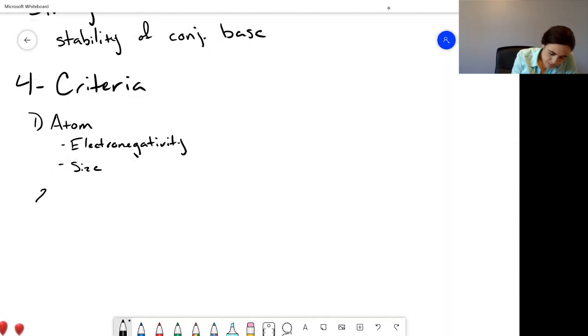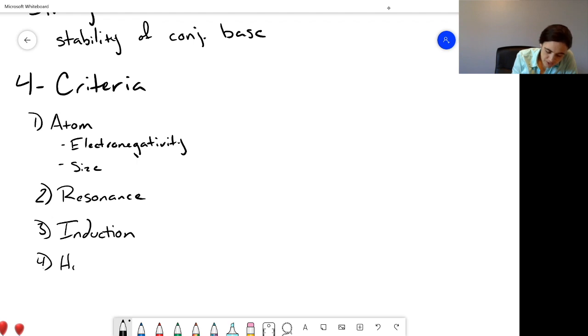The second one will be resonance. Third will be induction. And finally, hybridization of the atom, what your book will call orbitals.